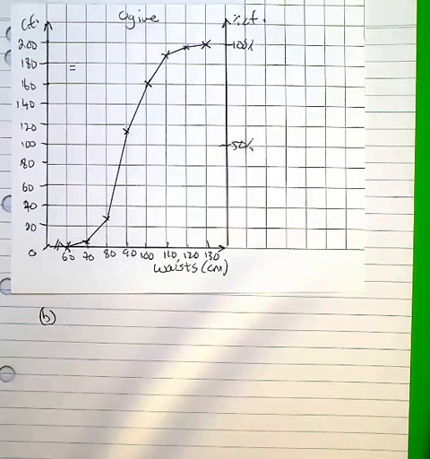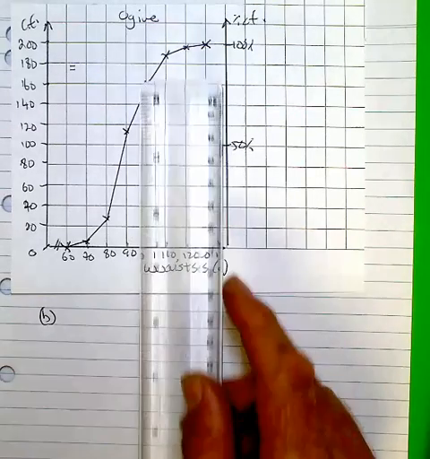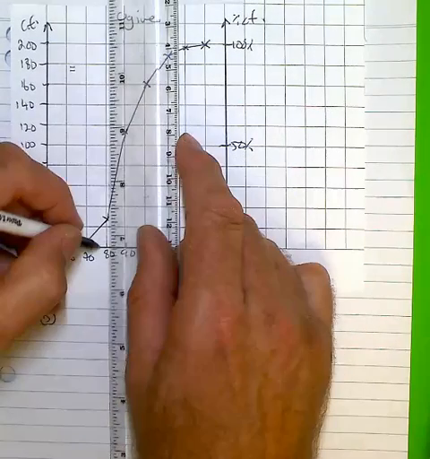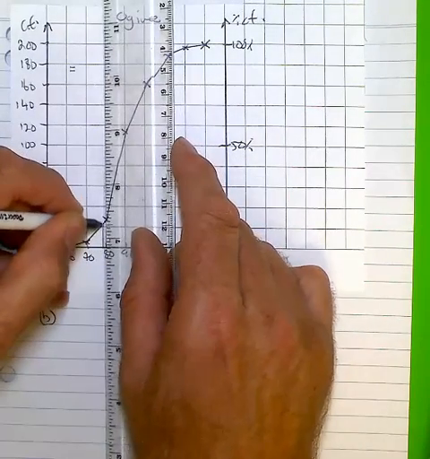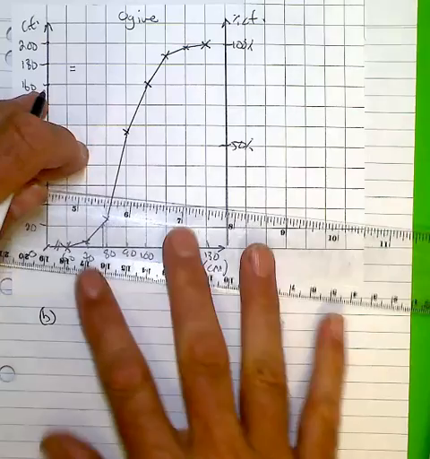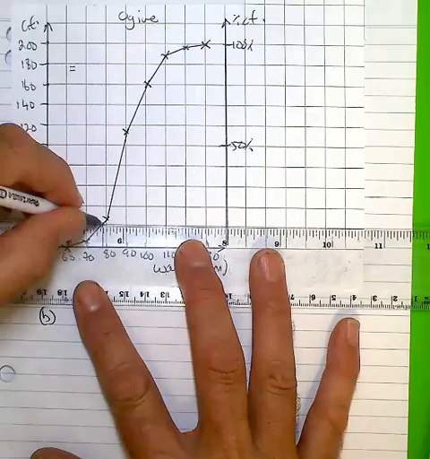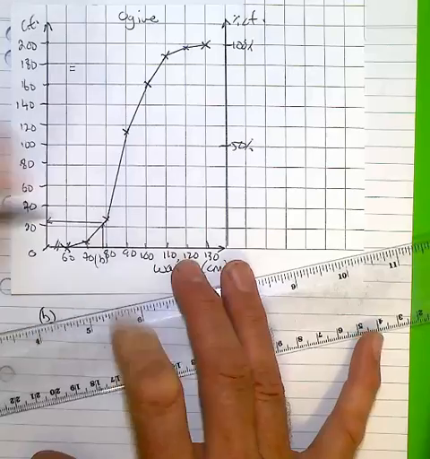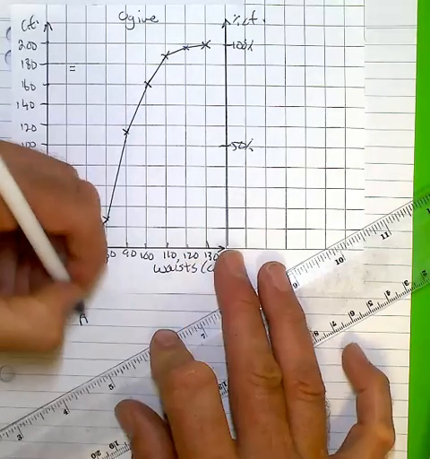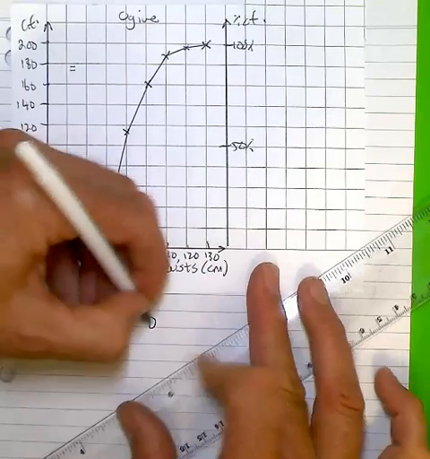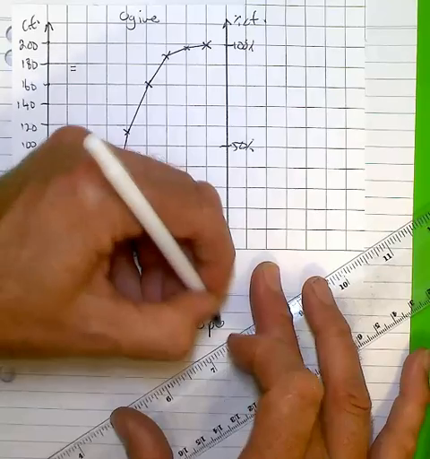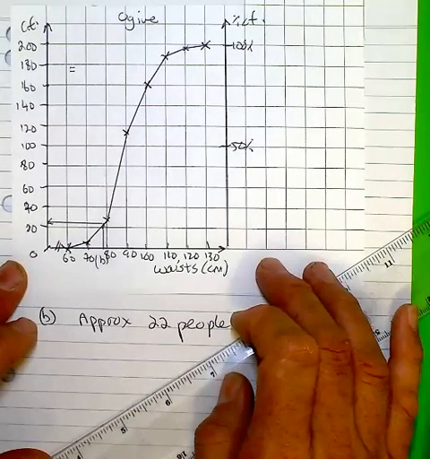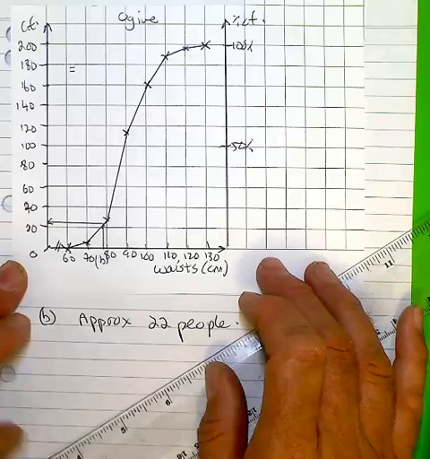So for those who've got a waste size less than 78, and this is very much an estimation here, I'll read up from about 78 there and read across. So approximately 22 people. Please notice, as long as you're in the same ballpark as the answers, we should be both on the same page.